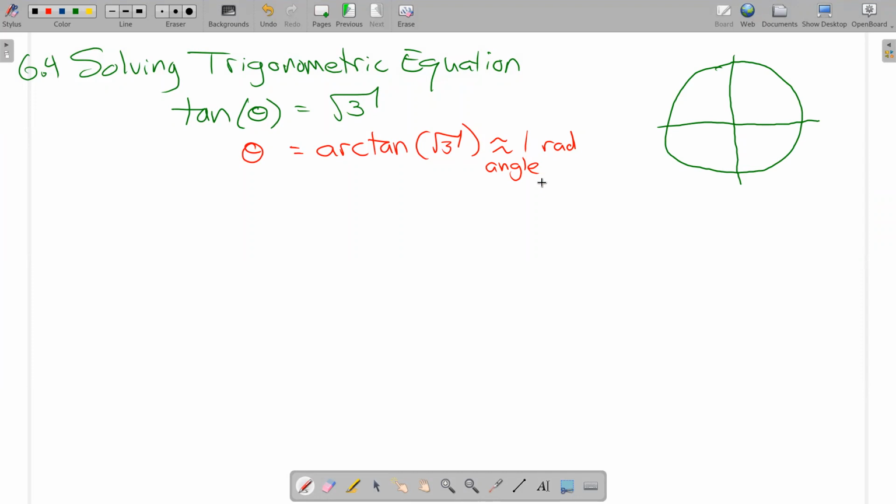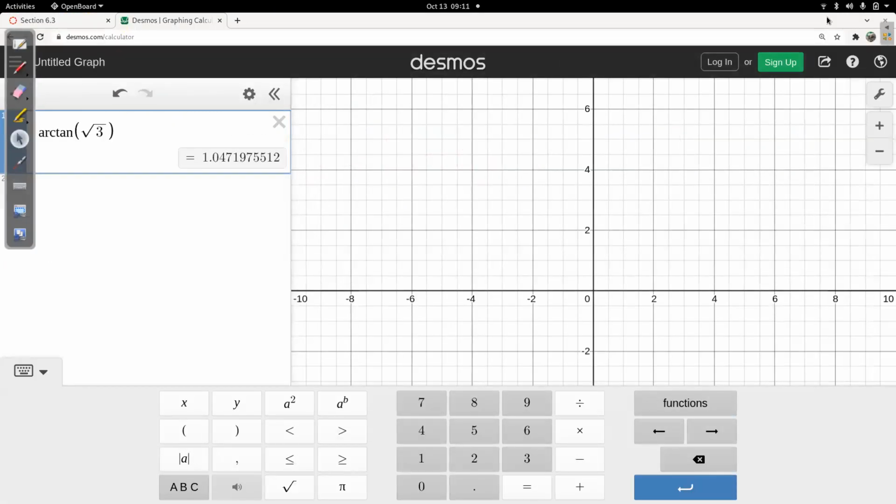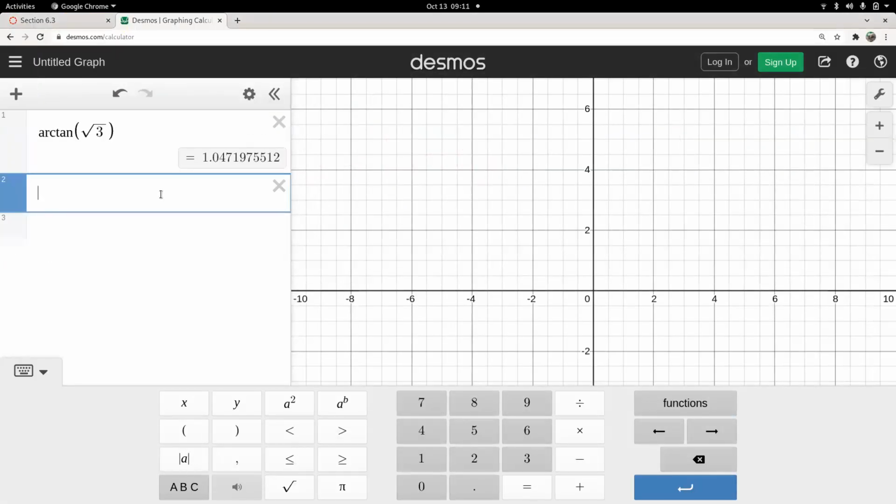And 1 radian, if you think back to degrees, conversion to get rid of radians, we would divide by radians, multiply by degrees, 180 divided by pi, right? A straight line is 180 degrees, or pi radians. What is 180 over pi to get that in degrees? If you're not familiar with radians, I get about 57, almost 60 degrees.